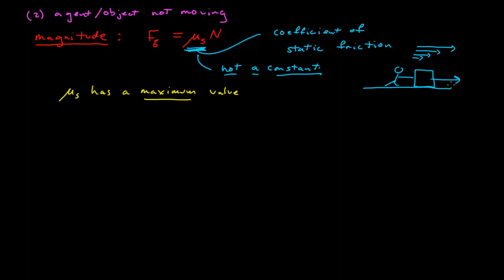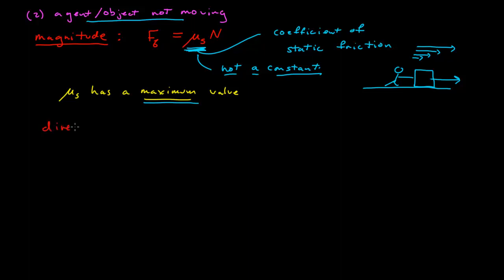And so it couldn't take on an infinite range of values. There was a maximum value that the coefficient of static friction could attain. And once it reached that value and couldn't change anymore, the system was no longer static. We lost this condition, and the agent and object start moving relative to each other. All right, and we'll look at an example of that in a bit. And so that's the magnitude of the static friction force.